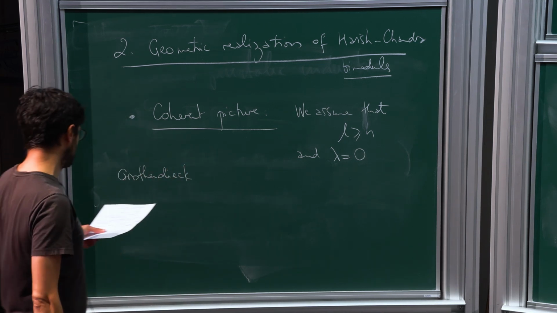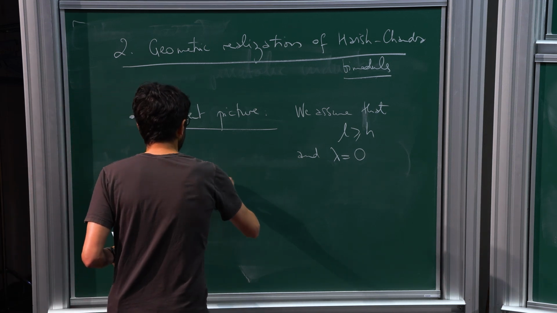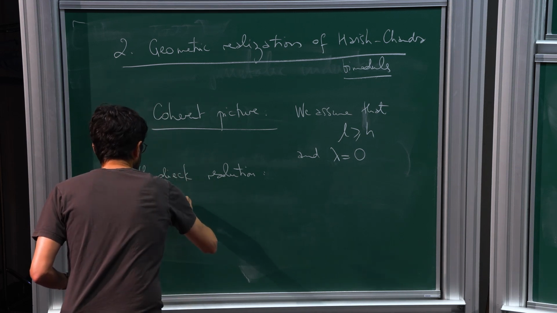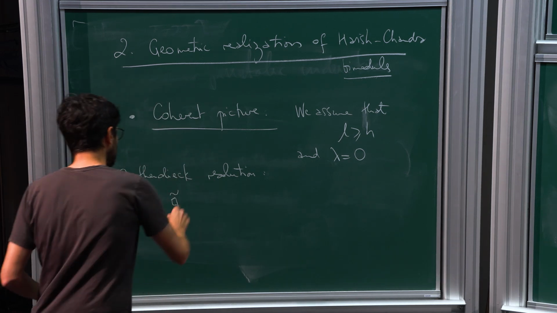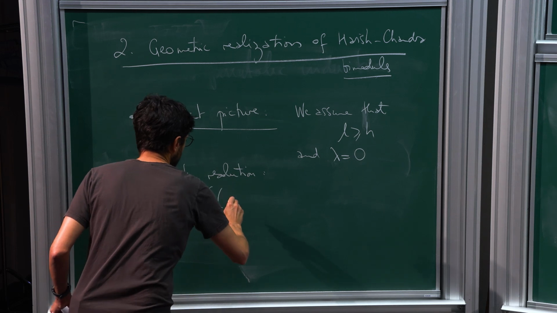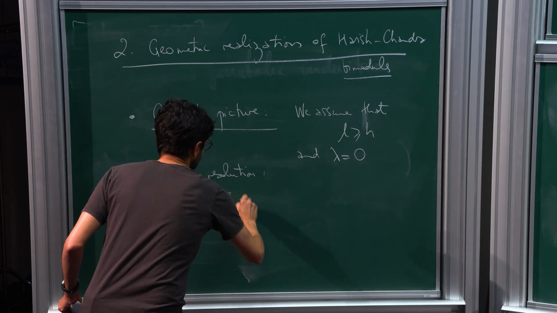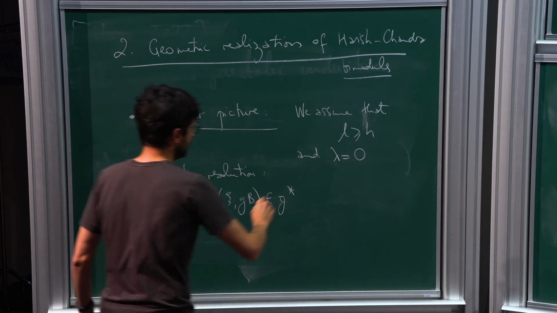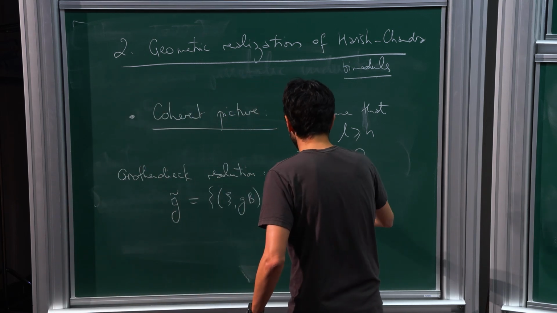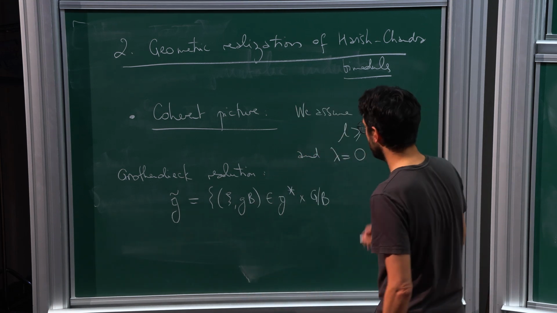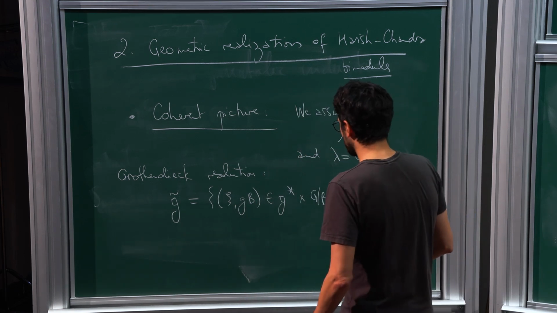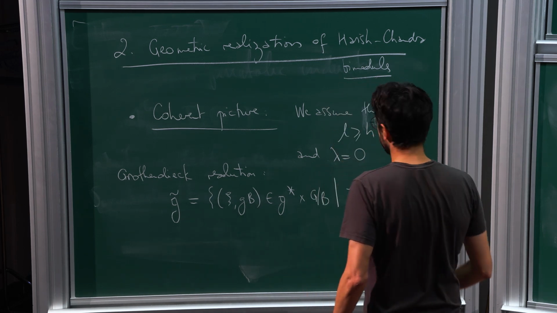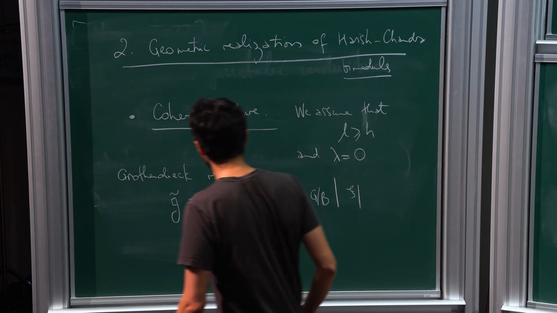So the geometric object that appears in this coherent picture is the Grothendieck resolution. It's denoted G tilde, and it consists of pairs (xi, gB). So xi is an element in the dual of the Lie algebra, and gB is an element in the flag variety G/B. And I require that, okay, I should have introduced more notation.